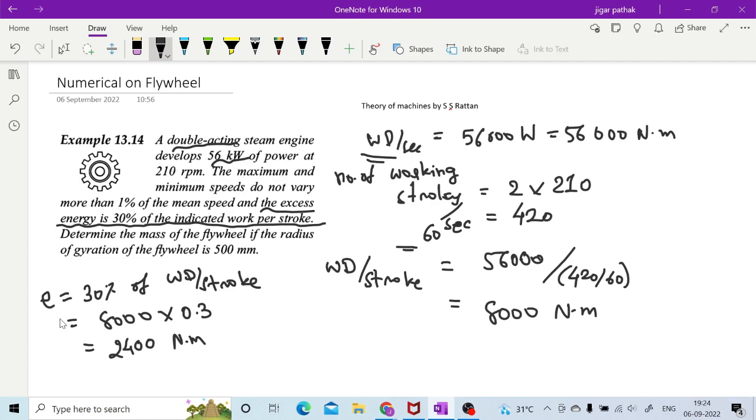But here, from the problem given, for now we have to take this fluctuation of energy as per the data given, that is 30% of this work done per stroke. So for now your fluctuation of energy should be taken as 2400 Newton meter. Is it okay?